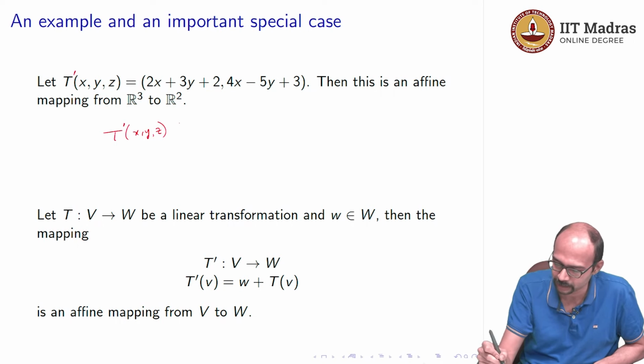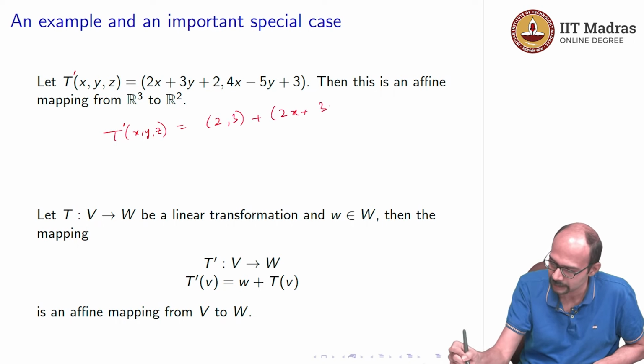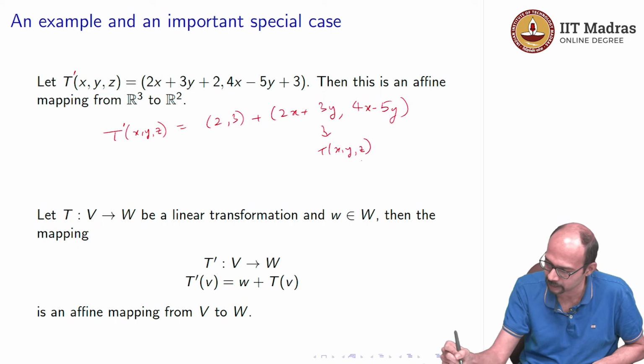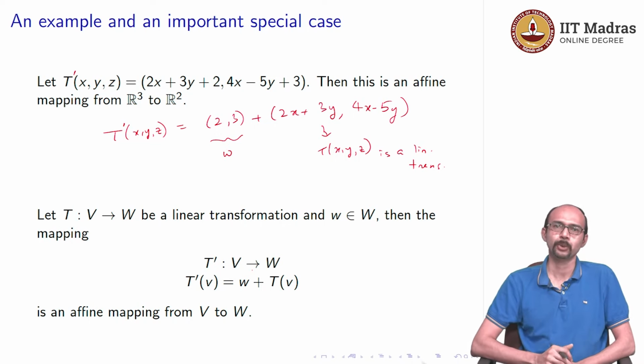So, t prime of x y z can be written as 2 comma 3 plus 2x plus 3y comma 4x minus 5y. As I explained, you take this to be t of x y z, so this is indeed a linear transformation, and this is your vector w in here. So, this is exactly what you are doing below, and this is an affine mapping as a result.